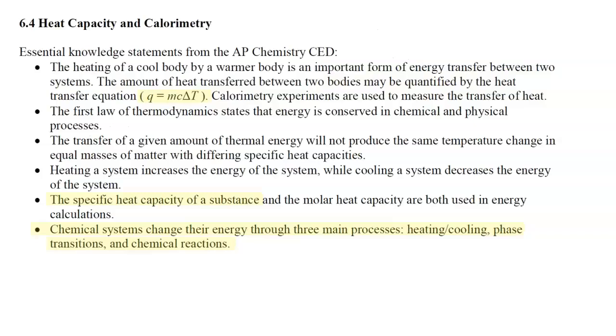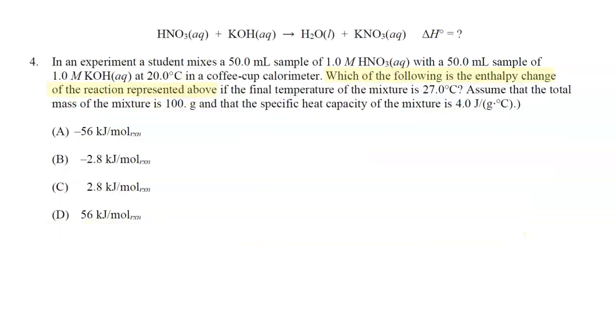So for this question, it does involve calorimetry, which falls under topic 6.4, heat capacity and calorimetry. And we will use the equation Q equals mc delta T to calculate the amount of heat in this experiment.